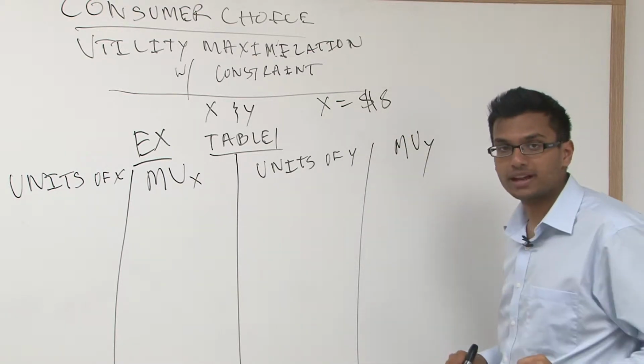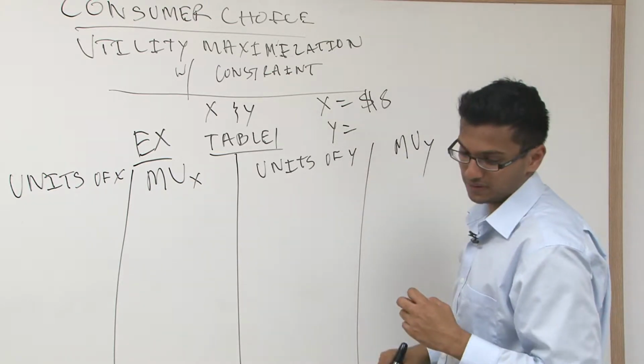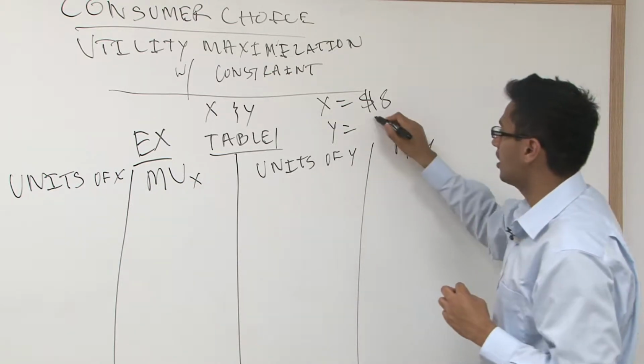For 1 unit of X, it costs $8. For 1 unit of Y, I believe this example says it is about $4.